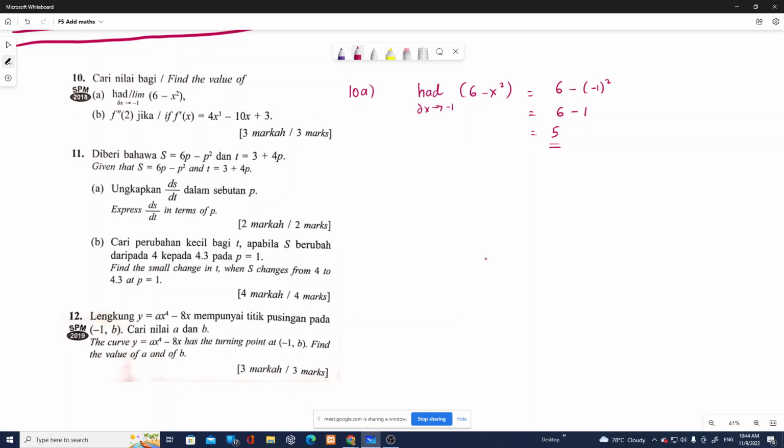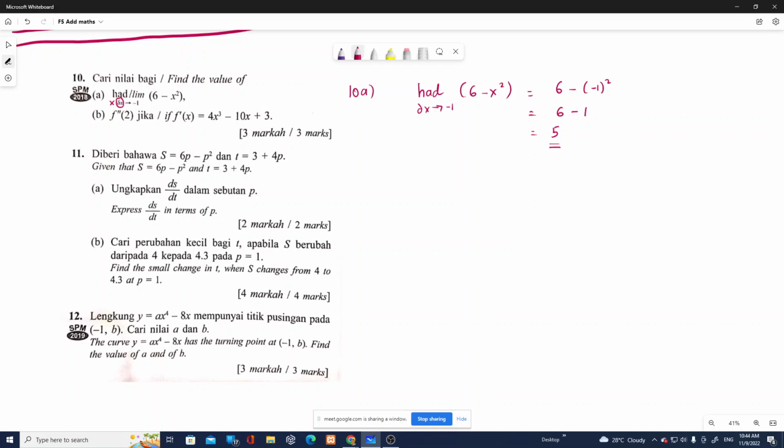So, when it says delta X approaches negative 1, that means X sama dengan negative 1 lah. I think cikgu rasa lah dia sepatutnya bukan delta X. Dia sepatutnya ialah X. X menghampiri negatif 1. Bukan delta X lah. Maybe some typo or what.